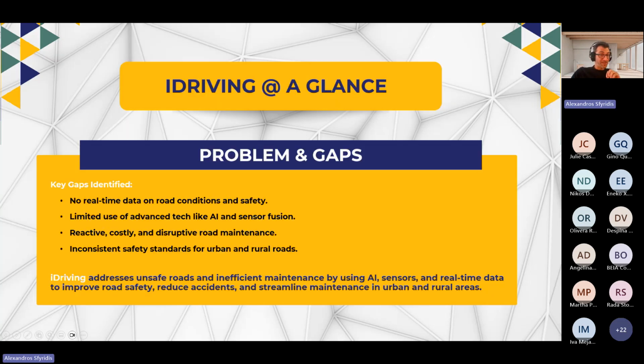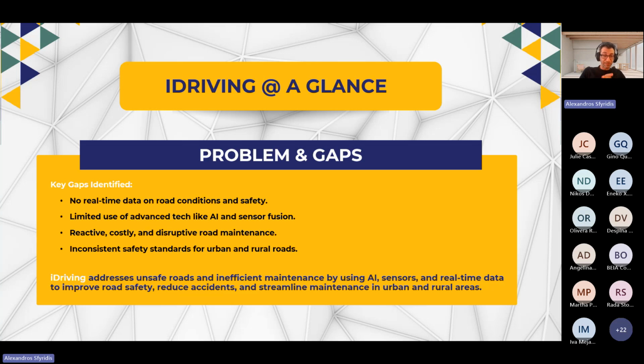So what started iDriving? If you look at past research and projects implemented, it's quite common and easy to find historical data related to road safety or road conditions. But we have identified that real-time data that could be quite useful are not available, at least not publicly available, so that people can have access and conduct related analysis.